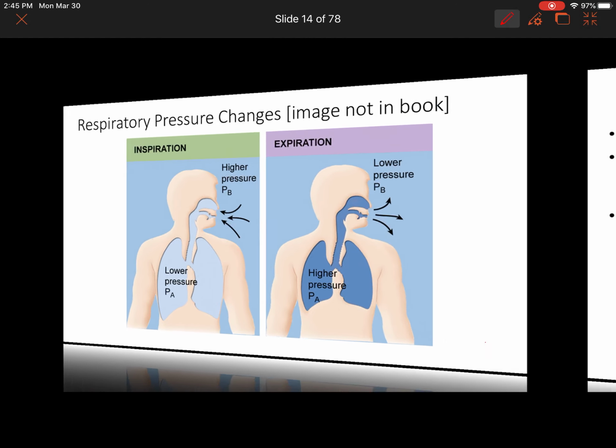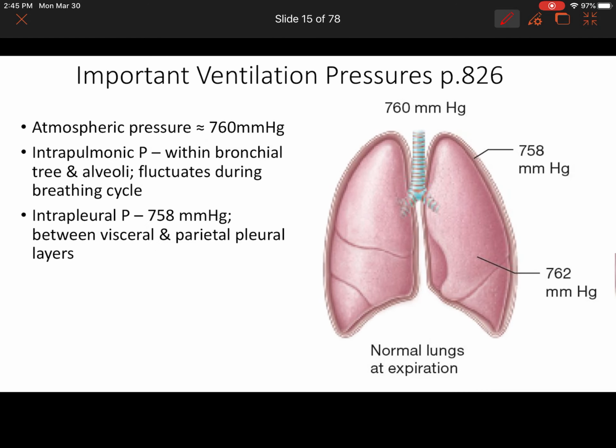So let's take a look at how this works. Firstly, we have to come to an understanding regarding a couple of important pressures that help to drive air in and drive air out of the lungs. The first pressure is atmospheric pressure.